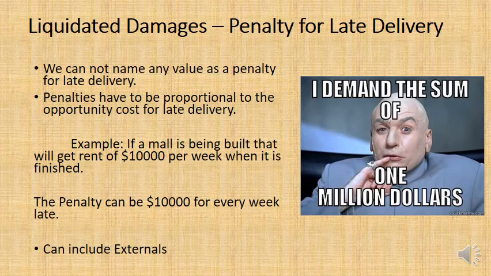So what can you do? Well, you can say in your penalties for late delivery, for every week that you are late from the deadline for finishing this work, $10,000 will be deducted from your payment. And that will mean that the contractor has an incentive to deliver the work on time.